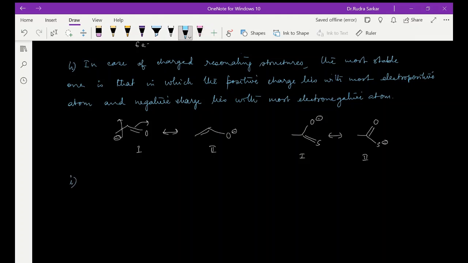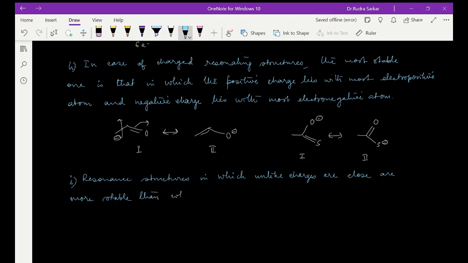What is the other rule? Resonance structures in which unlike charges are close are more stable than when the charges, that is unlike charges, are far apart.